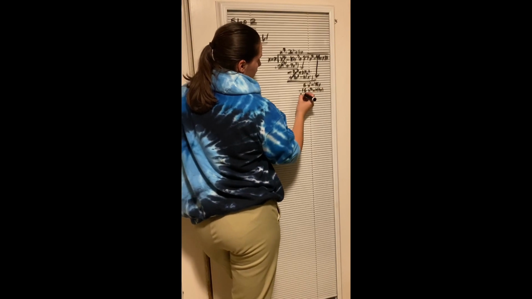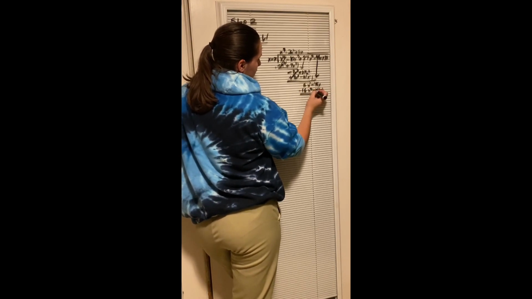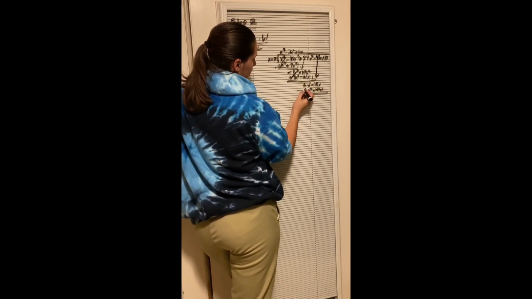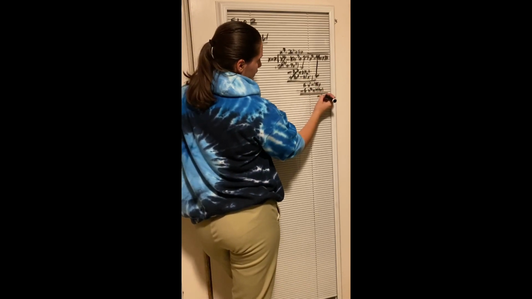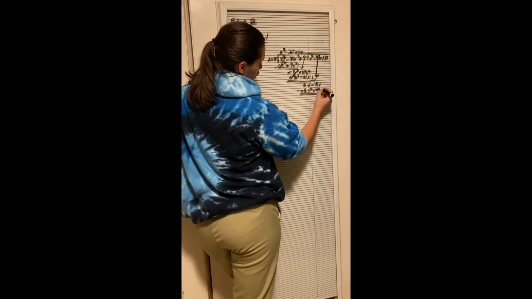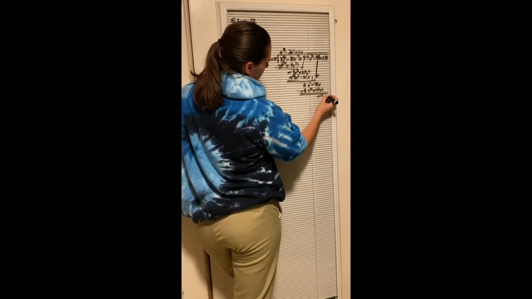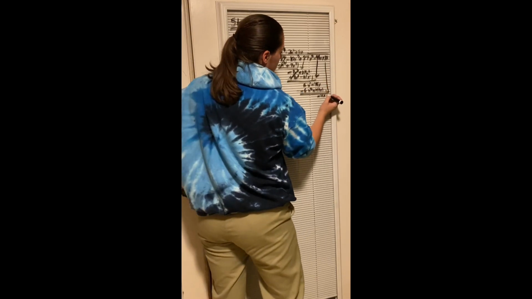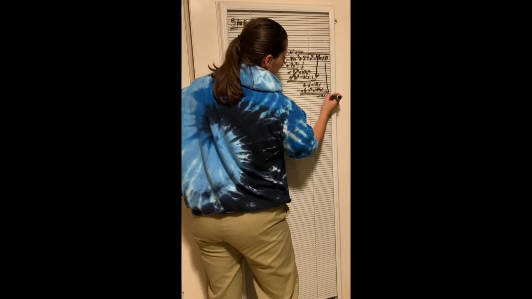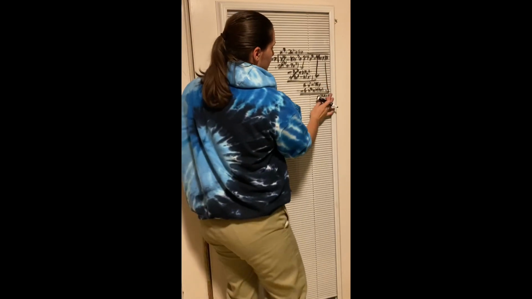You distribute, leaving negative and positive. So you get negative 4x. And you bring down your last term, positive 28.